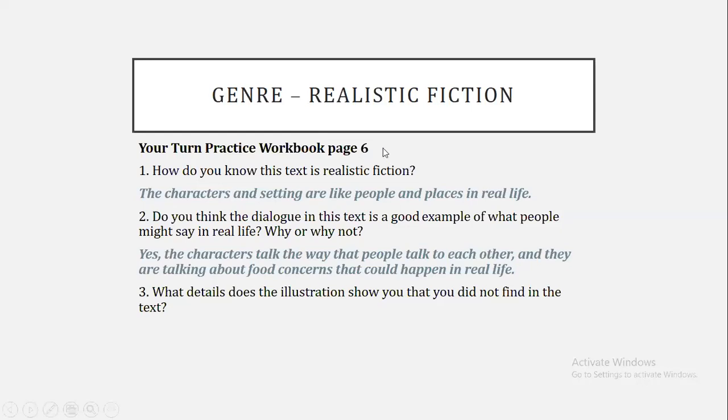On page 6 in the Your Turn practice workbook. Drawings. All right, a drawing, excellent. So illustrations are drawings by the illustrator. All right, so how is an illustration beneficial to the reader? What does it show us that we did not find in the text?